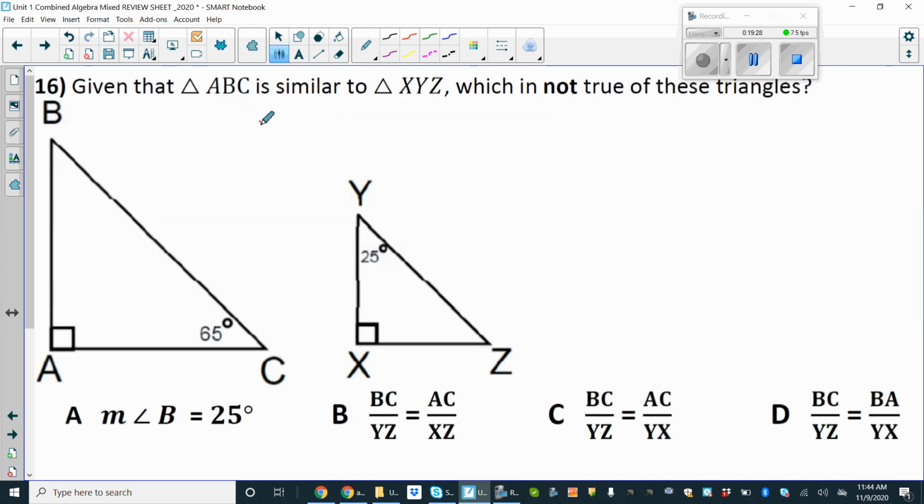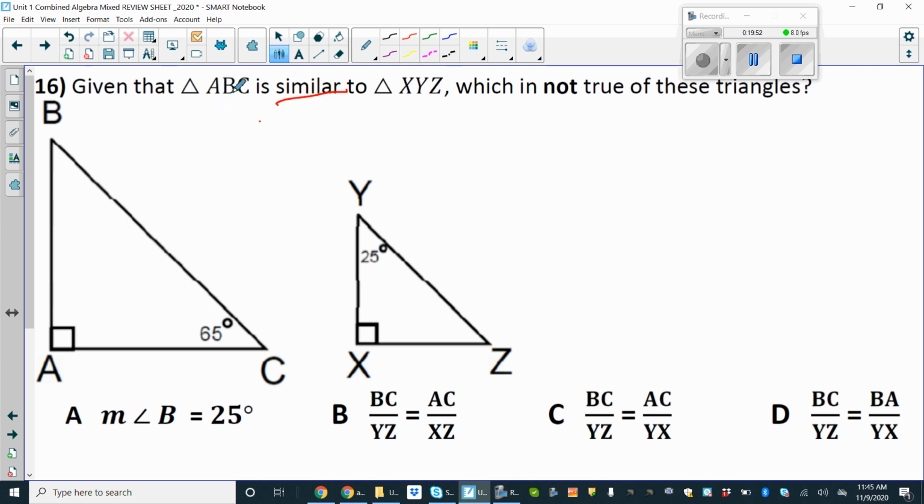Number 16, given that triangle ABC is similar to triangle XYZ, which is not true of these triangles. So first we have to check every answer choice. So we have A, the measure of angle B equals 25. Well, we know that these are similar to each other.